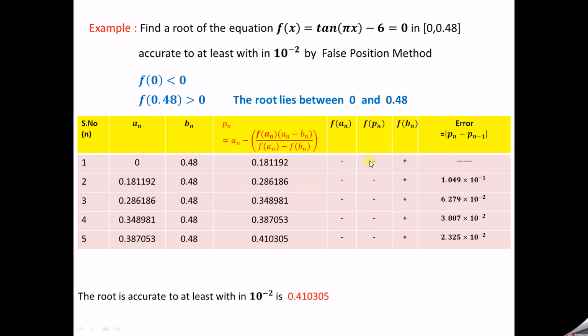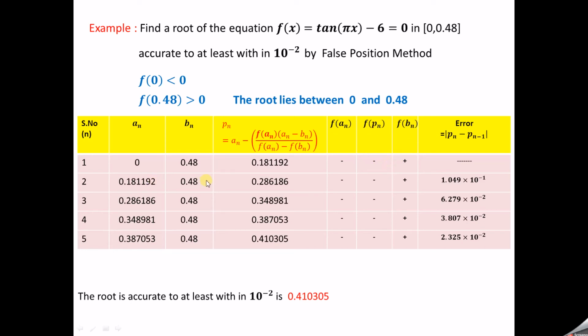Now you check the function value at p1 by putting x equal to 0.181192 in this function. So it is negative again. You can observe f of p1 is negative. So the root lies between p1 and b1, between these two, negative to positive.